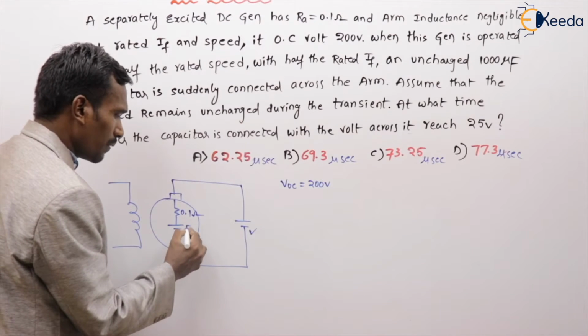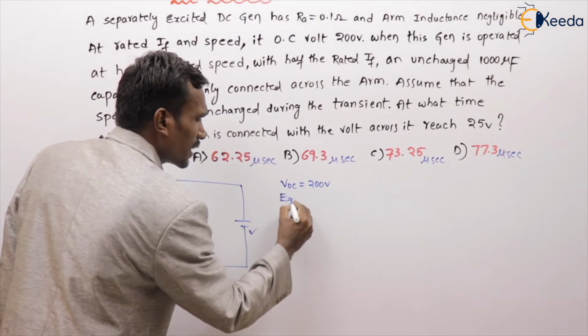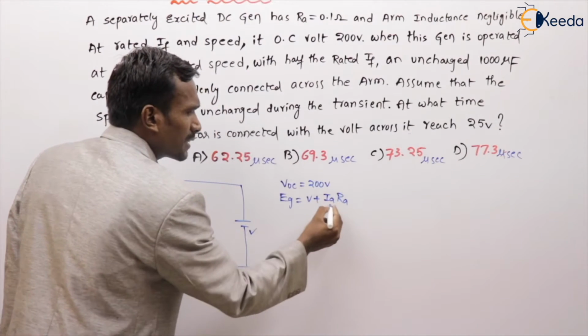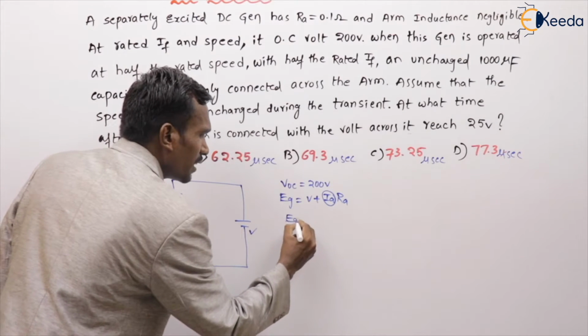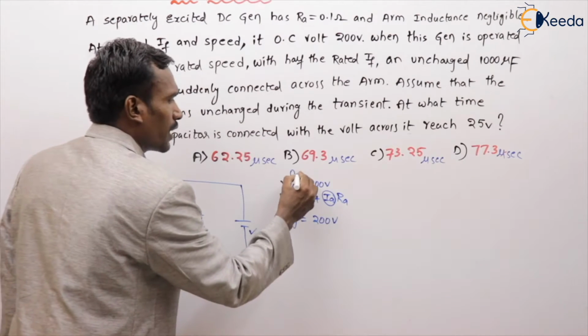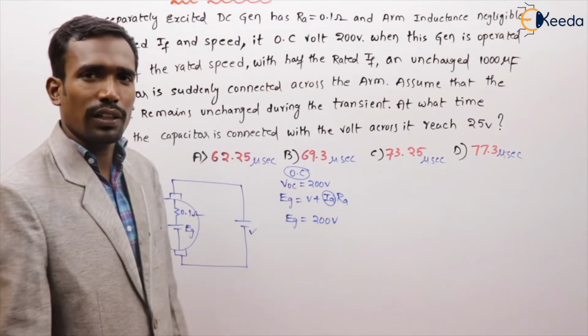This is the generated EMF. Under no load condition, what is the formula? Eg is equal to V plus IaRa. At open circuit condition Ia is 0 and Eg is equal to 200 volts.